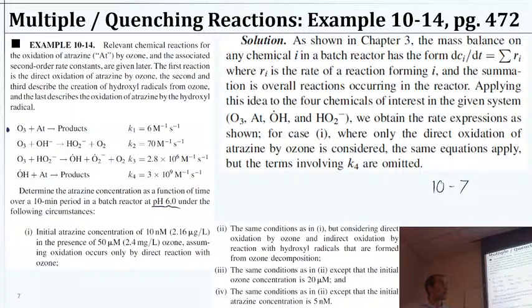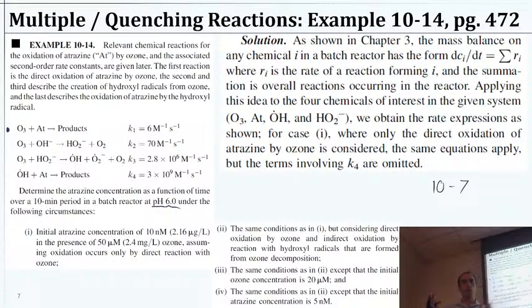So the solution says, we talked a little bit about it in chapter 3, or the book did at least. The mass balance on any chemical i in a batch reactor has the form dC/dt equals the sum of the rates. We're changing ozone or anything, atrazine, as a function of the rates at which that is reacting. The summation is over all reactions occurring in the reactor.